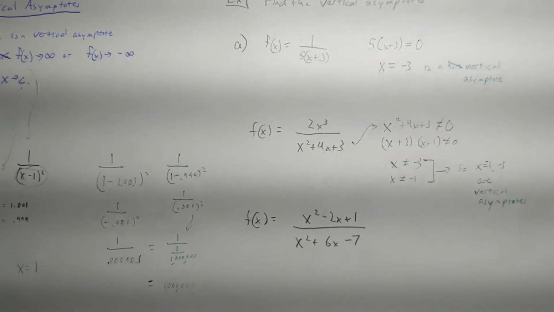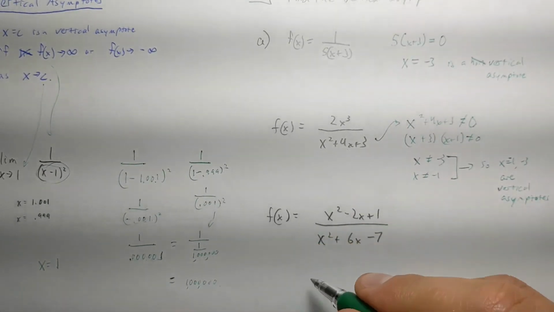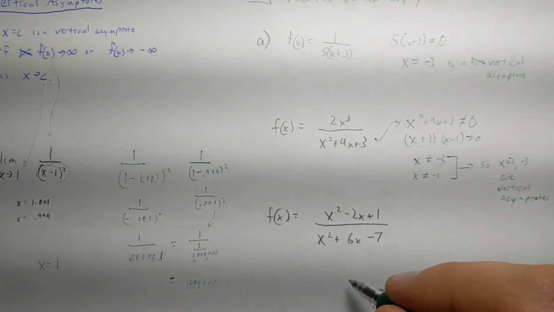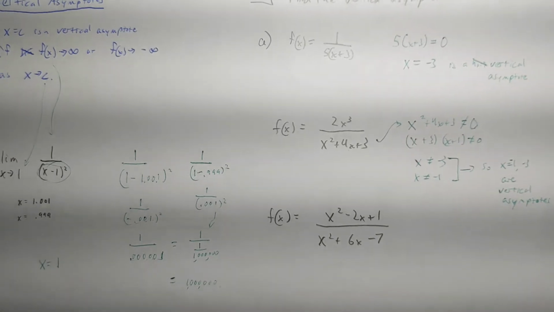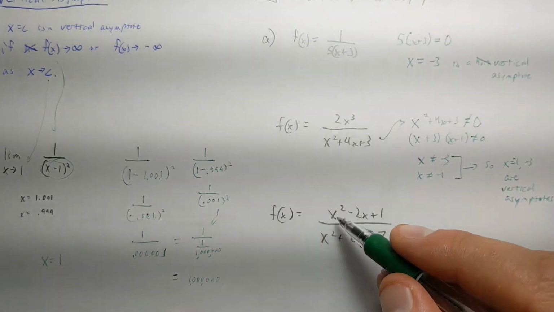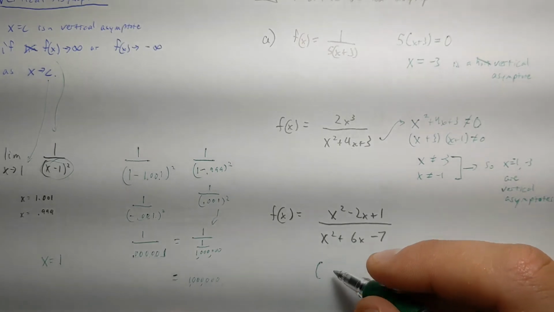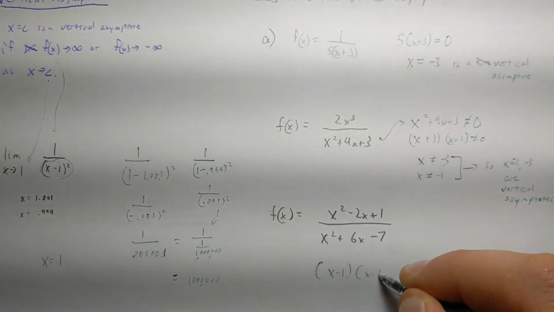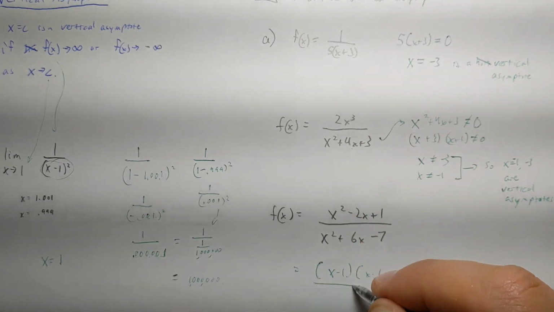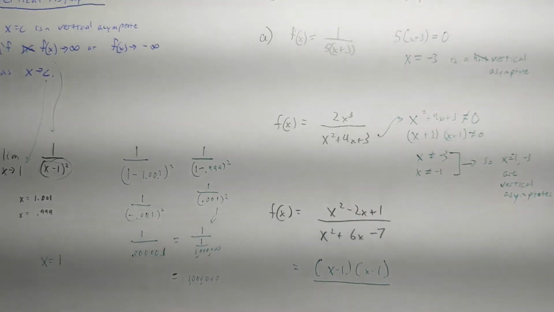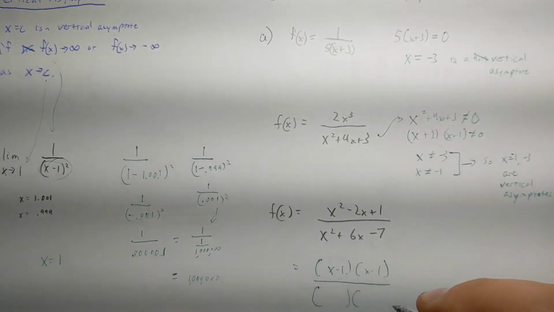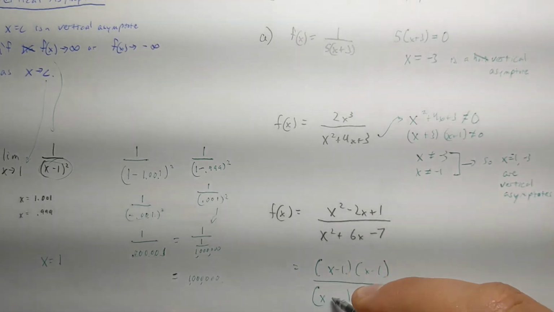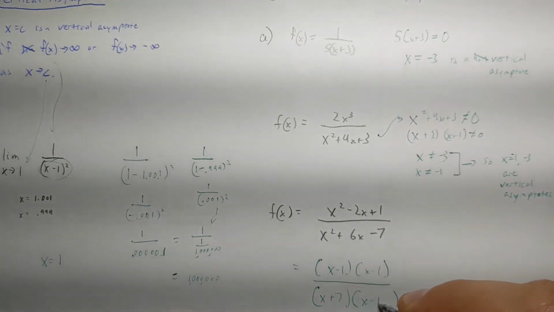Not too bad. Down here, same sort of thing. I'm going to be a little more careful in this one though, because I'm going to factor the top and the bottom. So the top is going to factor into x minus 1 times x minus 1. The bottom is going to factor into x plus 7 times x minus 1.